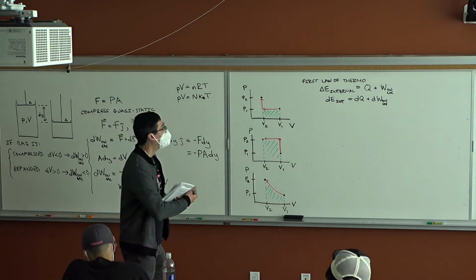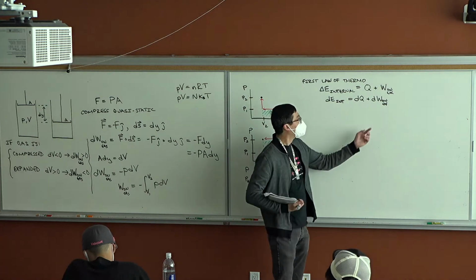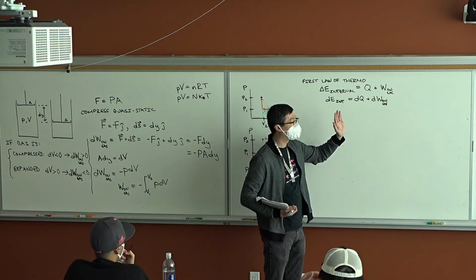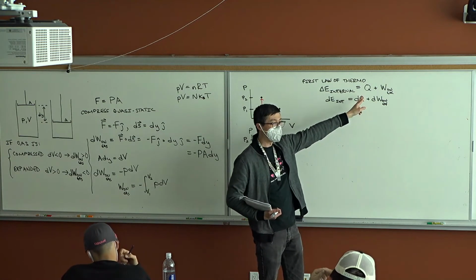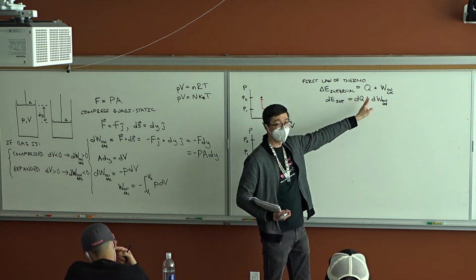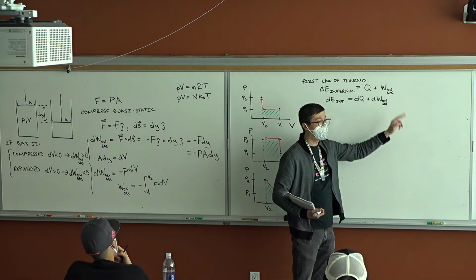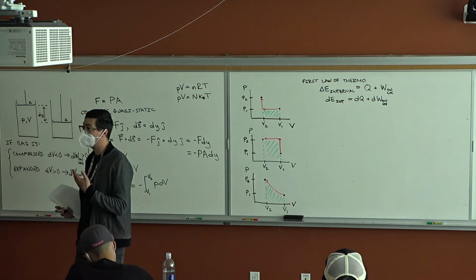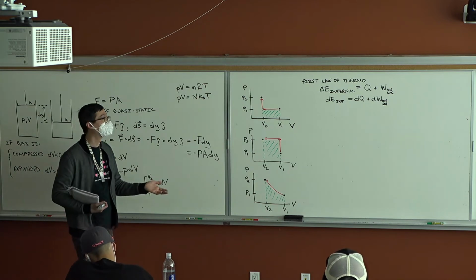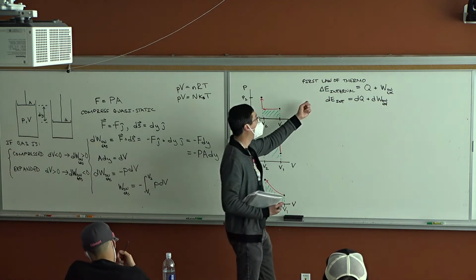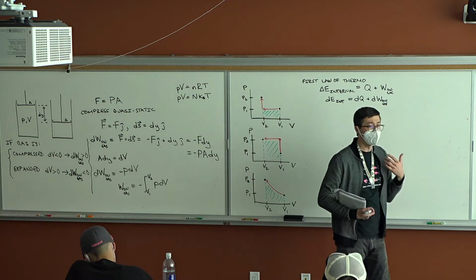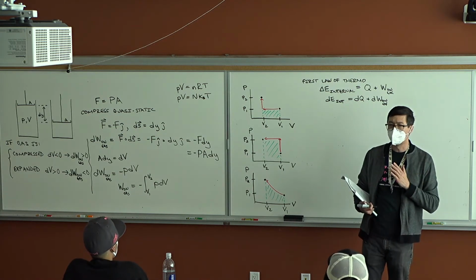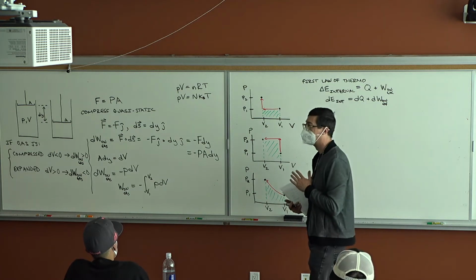That if you account for all the things that have happened, energy that is entering or leaving the gas as heat, energy that is entering or leaving by virtue of work done on the gas, that has to show up in a change in the internal energy. That makes sense? There's no magic in this, right?